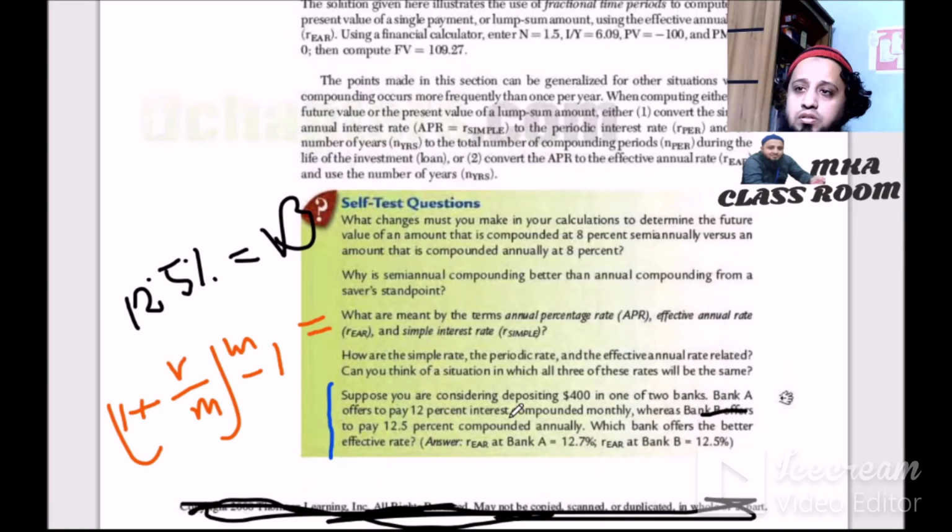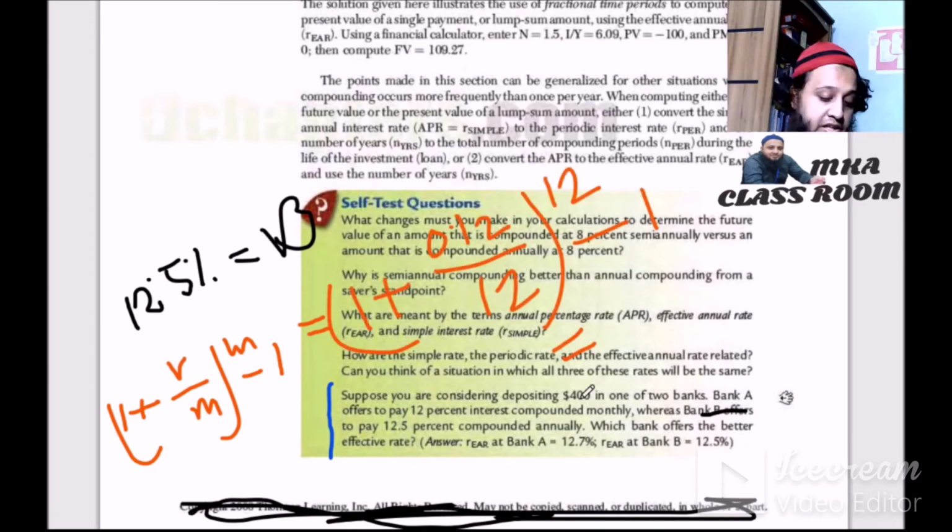We press in the calculator 0.12 divided by 12, plus 1, power 12, minus 1, and that shows 0.1268.